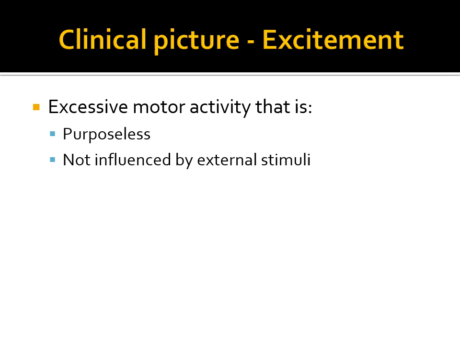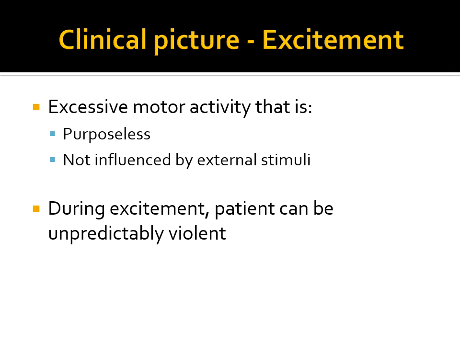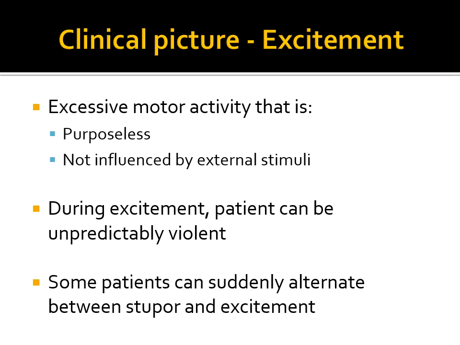Catatonic excitement refers to excessive motor activity that is purposeless and that is not influenced by external stimuli. So it is highly unpredictable. And during excitement, the patient can become violent. Some patients can suddenly alternate between stupor and excitement.